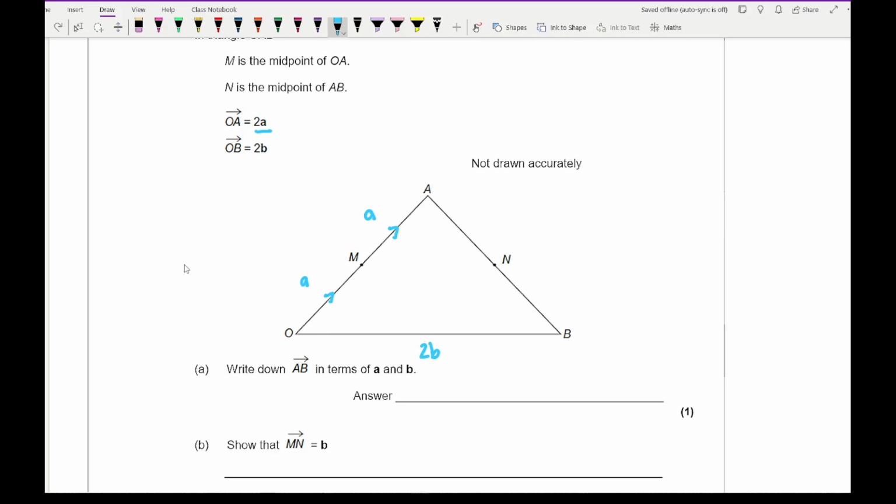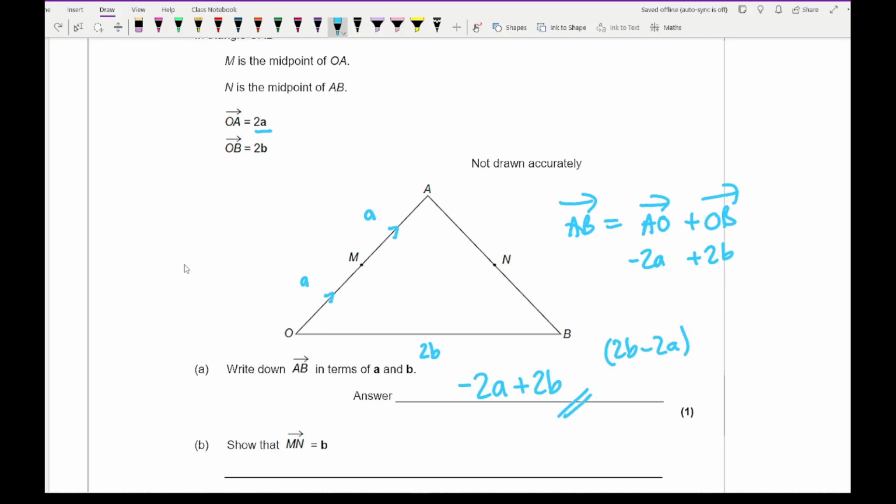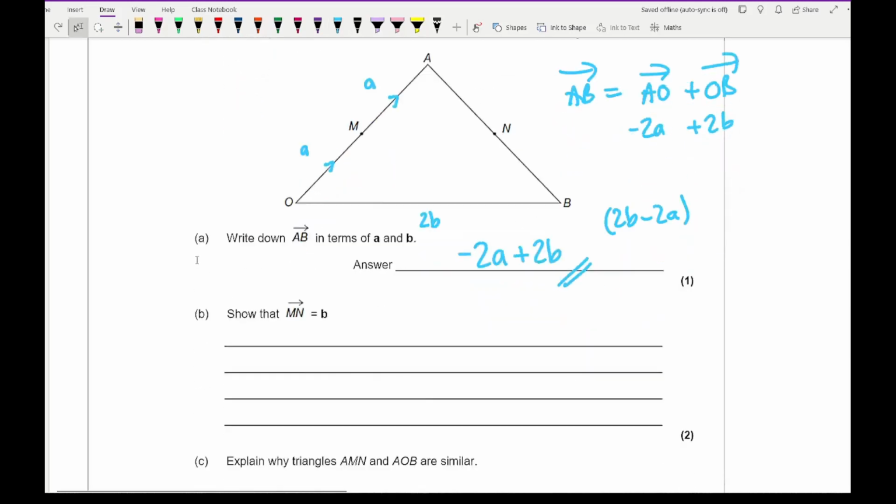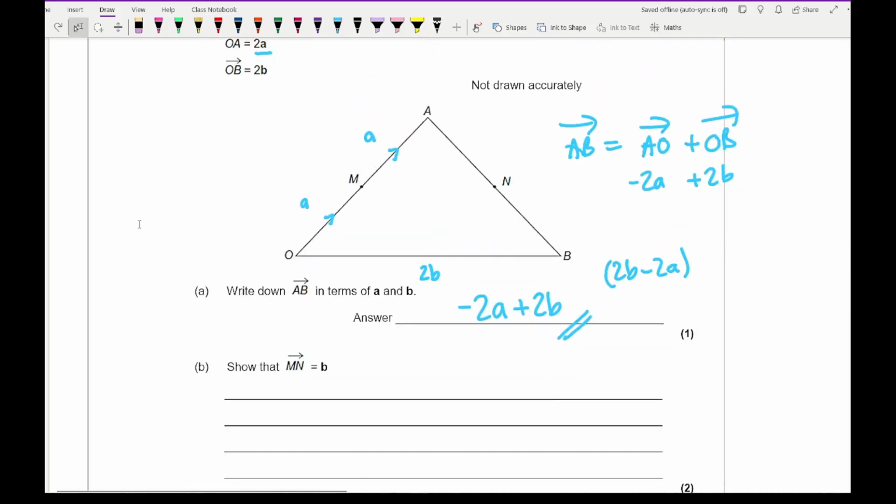Now to get from A to B, what I need to do is go from A to O. So AB equals AO plus OB. Now AO is minus 2a. And OB is plus 2b, so there is my expression. So it's minus 2a plus 2b, or you could write 2b minus 2a, whichever floats your boat. Now moving on to show that MN equals b.